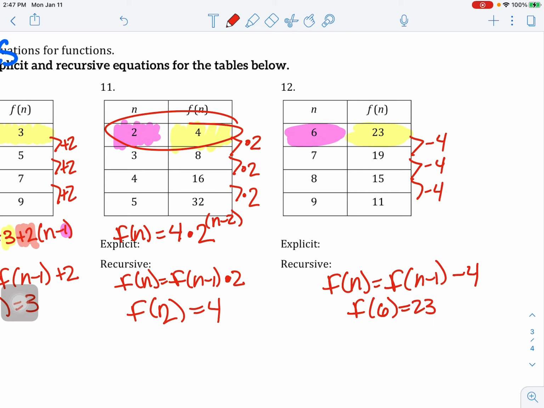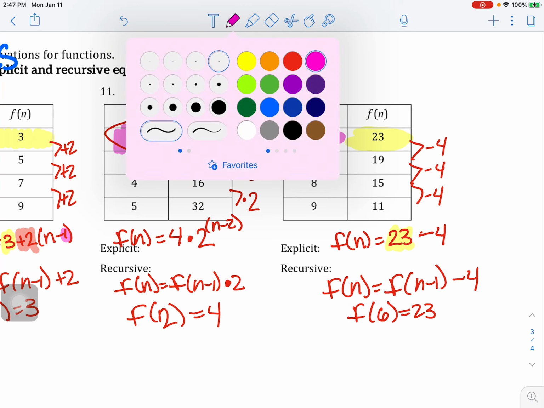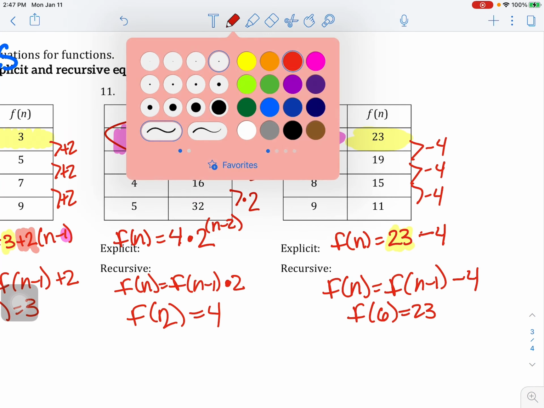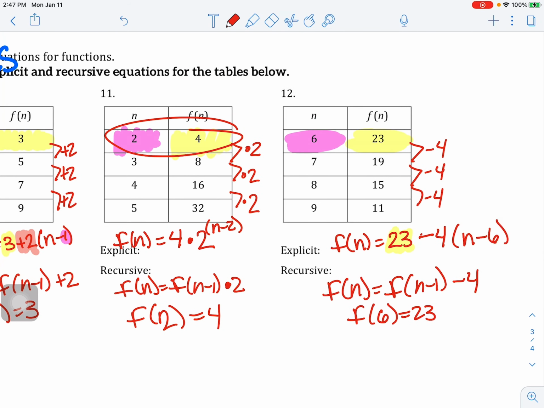So I'm going to use all those numbers to write my explicit. f of n equals, starting with 23, that's my starting output. I subtract 4, that's my action. And then since my starting input is 6, I'm going to say n minus 6 times, because that would help me get back to 0.